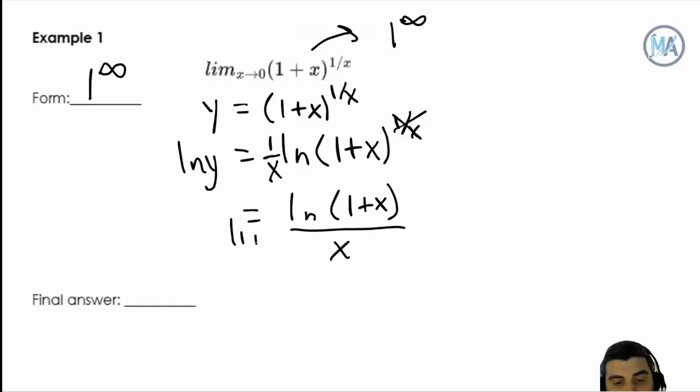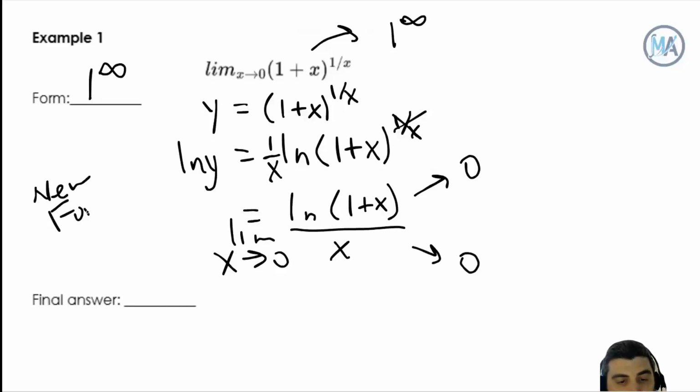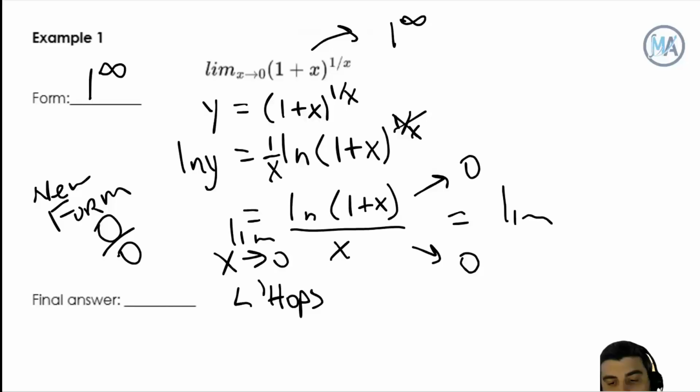Now, if we take the limit as x approaches 0 here, the numerator approaches 0 and the denominator approaches 0. So our new form is 0 over 0. So we could do L'Hopital's rule. So this would equal the limit as x approaches 0 of the derivative of the denominator, 1, the derivative of the numerator, 1 over 1 plus x.